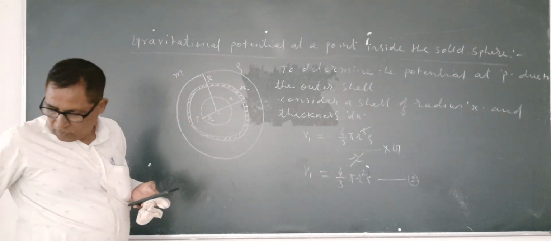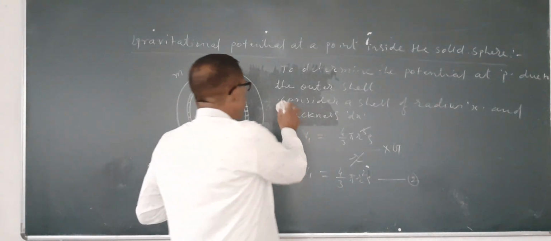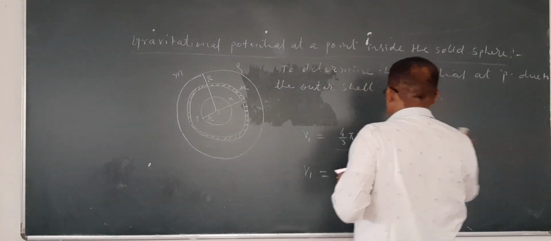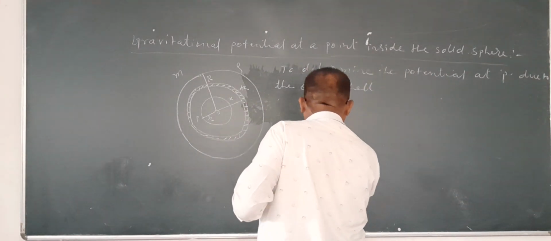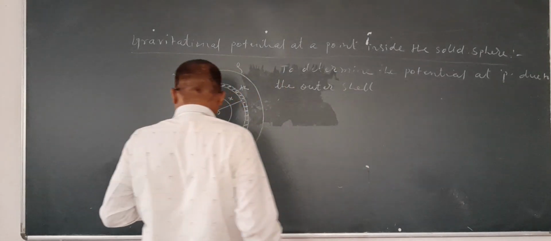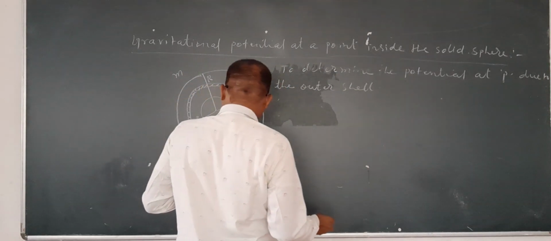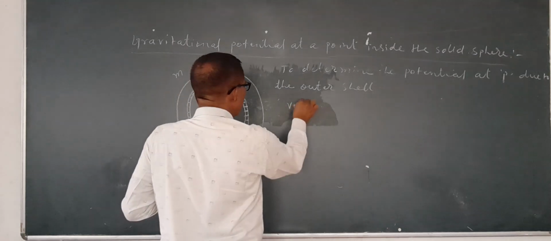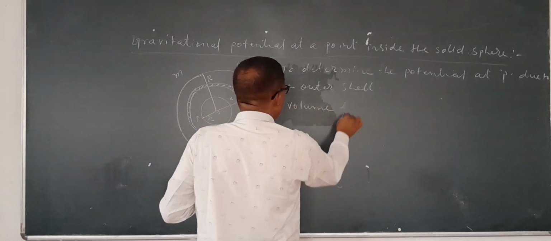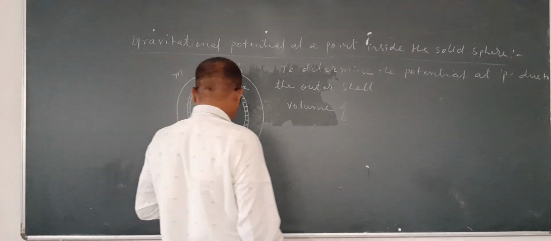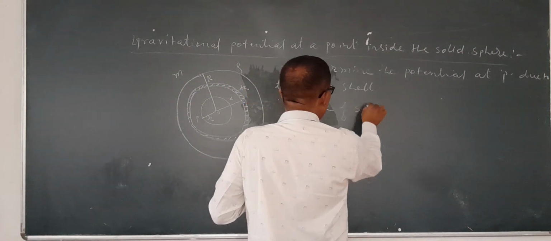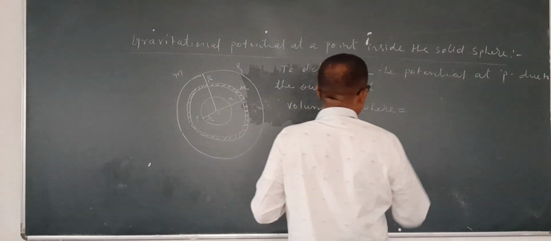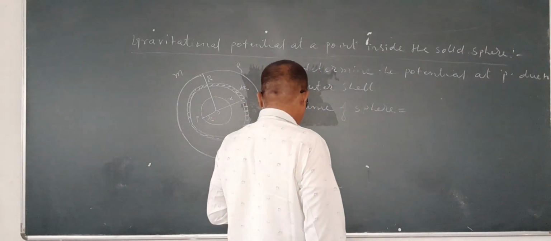Now with this we can calculate the volume of the shell of radius x and thickness dx. That shell is just like a sphere, so we call it a sphere.